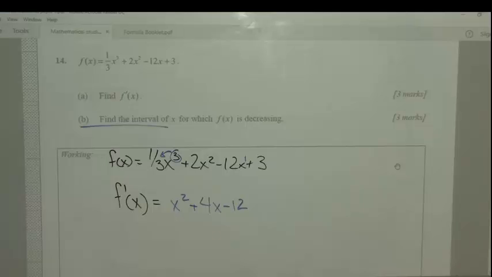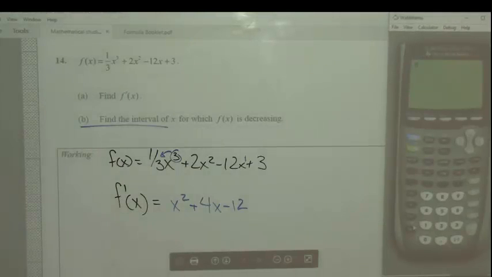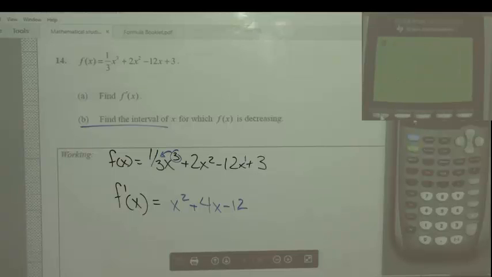So the first thing, back to our calculator, I've already input the equation. You'll see here's 1/3. Some of you can make it look like a fraction, but essentially it's just 1 divided by 3 all the way over, and there's the whole equation.